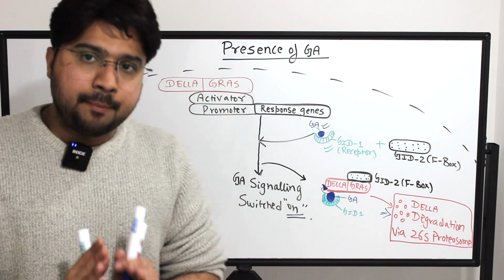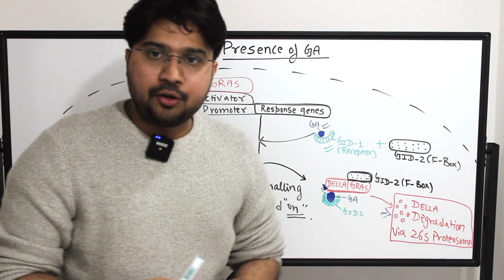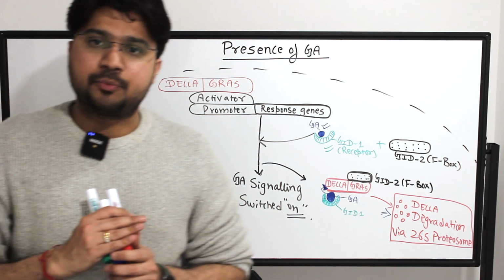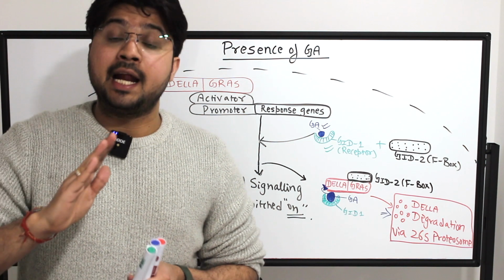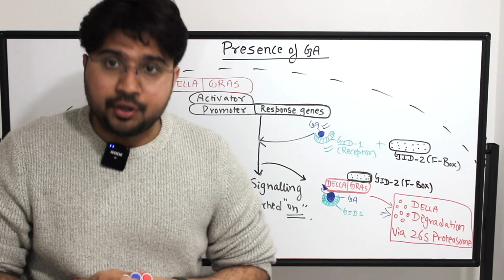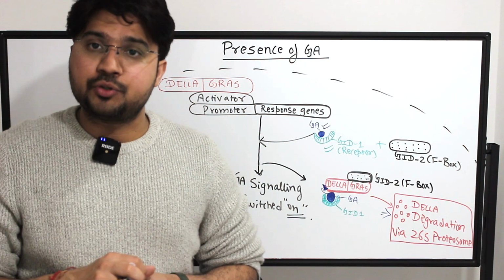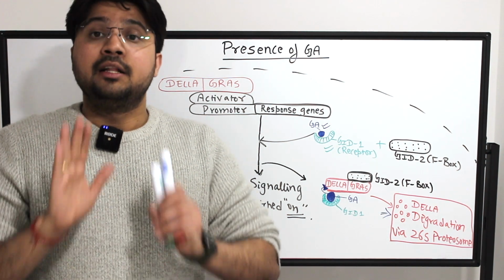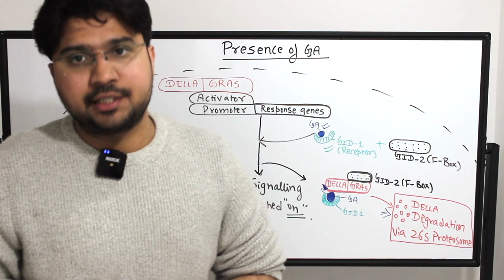They always come along with a particular protein called the GID2 protein, which is an F-box protein. Please remember, in molecular biology, an F-box is a protein which can degrade any target protein by attaching ubiquitin groups to it, and then that protein will be finished off in a cell with the help of the 26S proteasome.